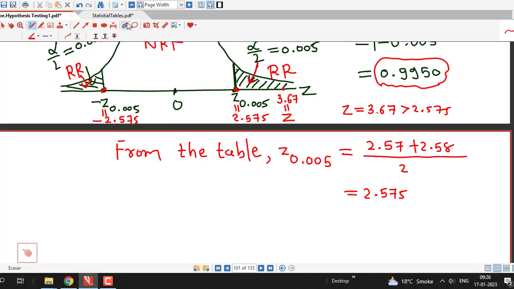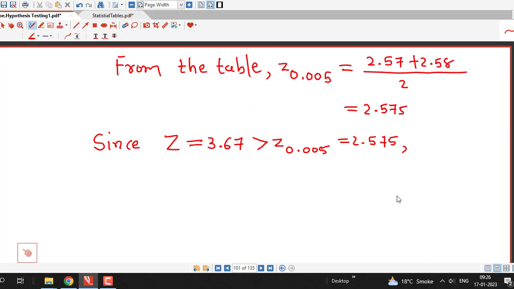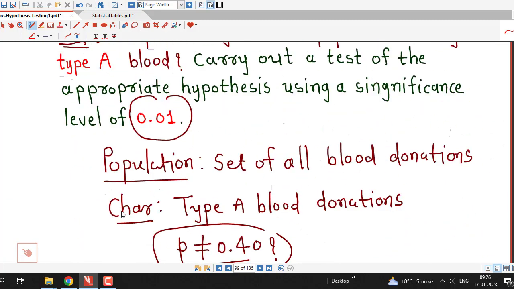So therefore we can conclude that we have to reject null hypothesis, because calculated value of test statistic, which is 3.67, is to the right side of z 0.005, which is 2.575. Since this happens, we reject null hypothesis H0, and null hypothesis is that percentage is 40.